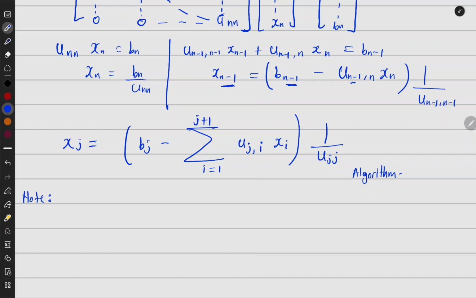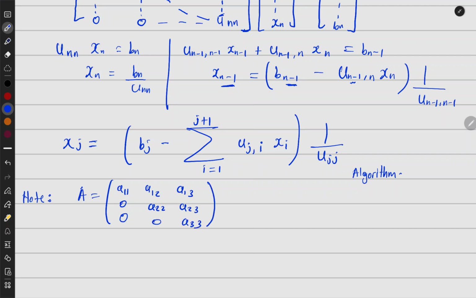For example, if I have my A, and it is A11, A12, A13, this is 0, this is A22, A23, this is A33, and this is a 0.